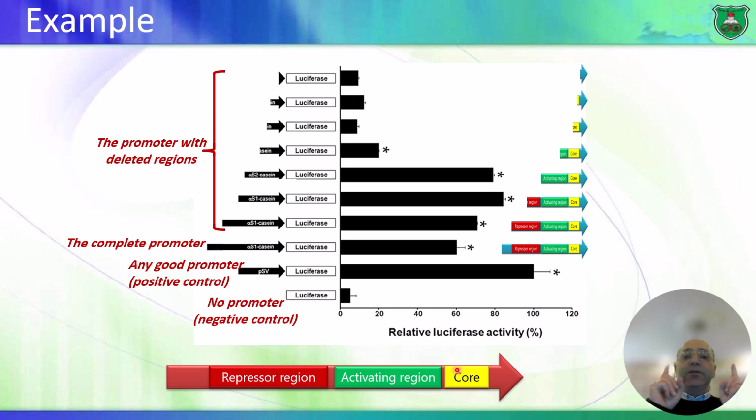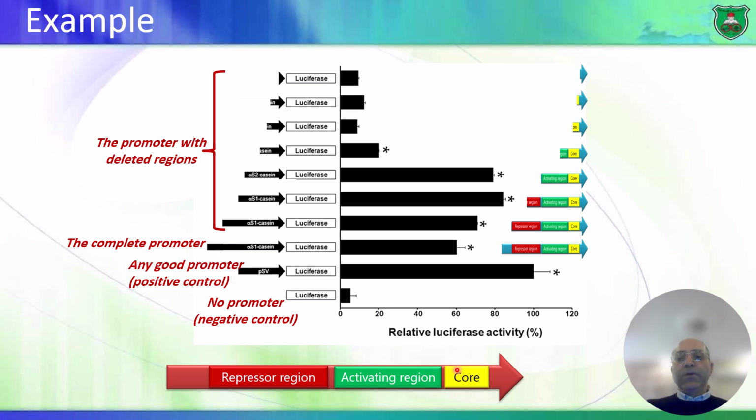So I take the DNA piece that contains what I think is the promoter region containing all of these regulatory sequences. I clone it into the plasmid that contains the luciferase gene and create a recombinant DNA.